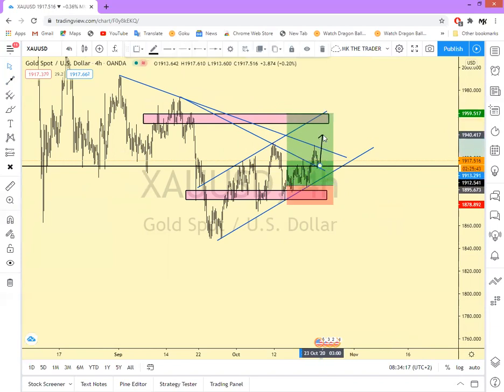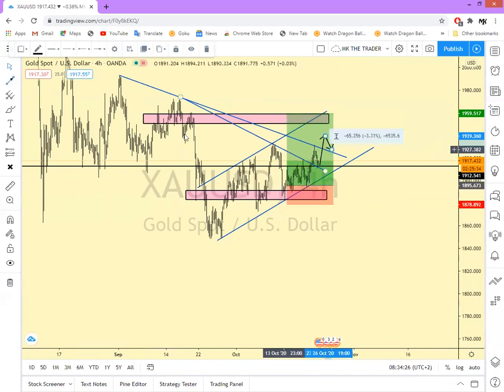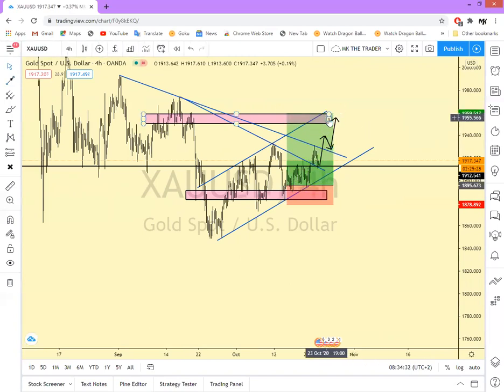So what's next? We are waiting for this candle to do something like this now, and then come back maybe to test this level, and then continue to the upside.